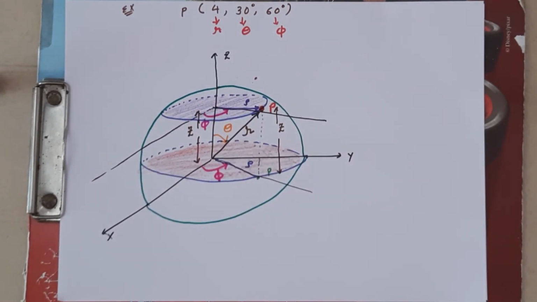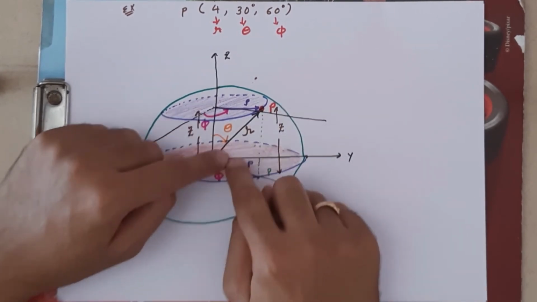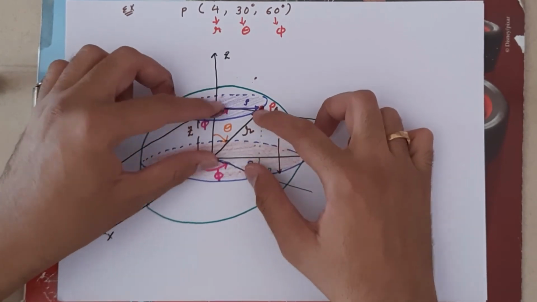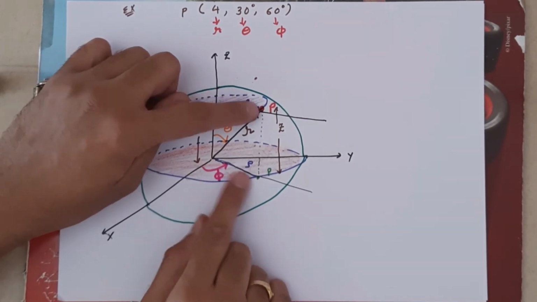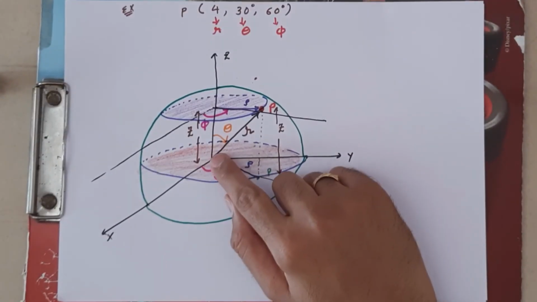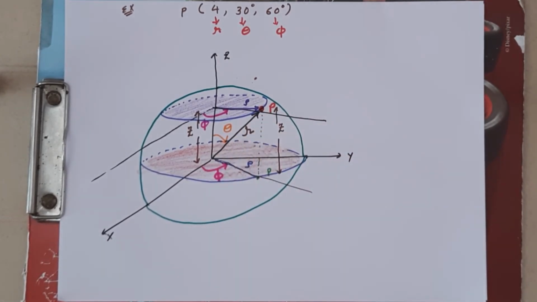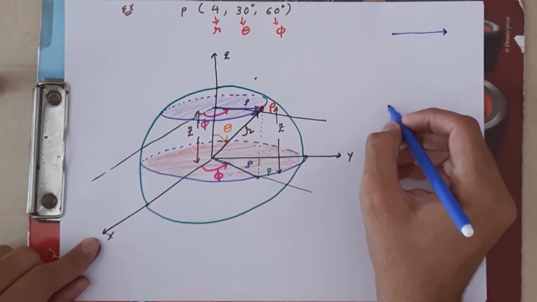Now you can observe this figure in a 3D view very easily, and get a clear-cut idea about all these things. Actually it is one type of rectangle. These two side lengths are rho, and the other two are r. I will draw it in a 2D view so you can get an easy idea.